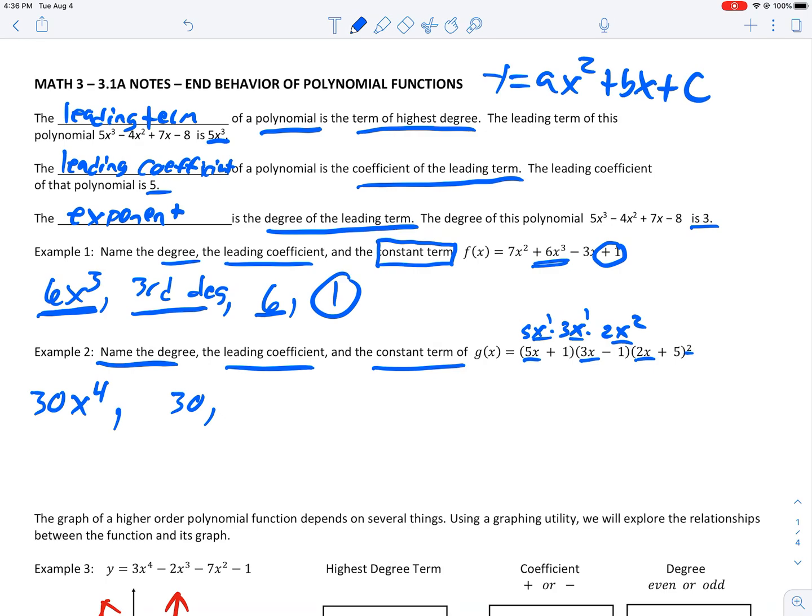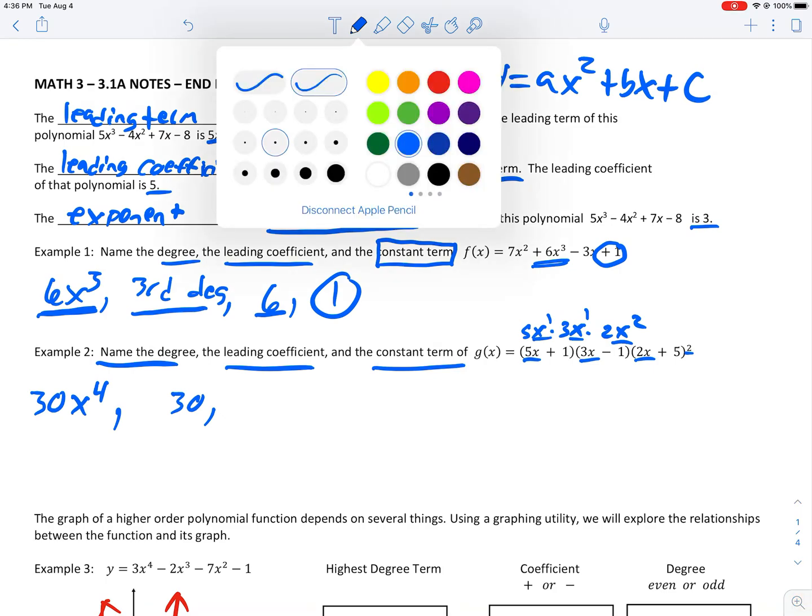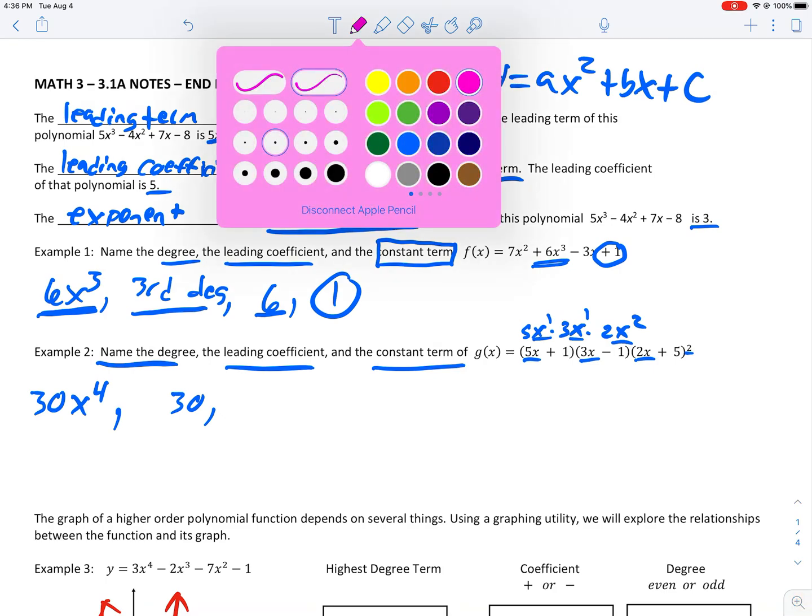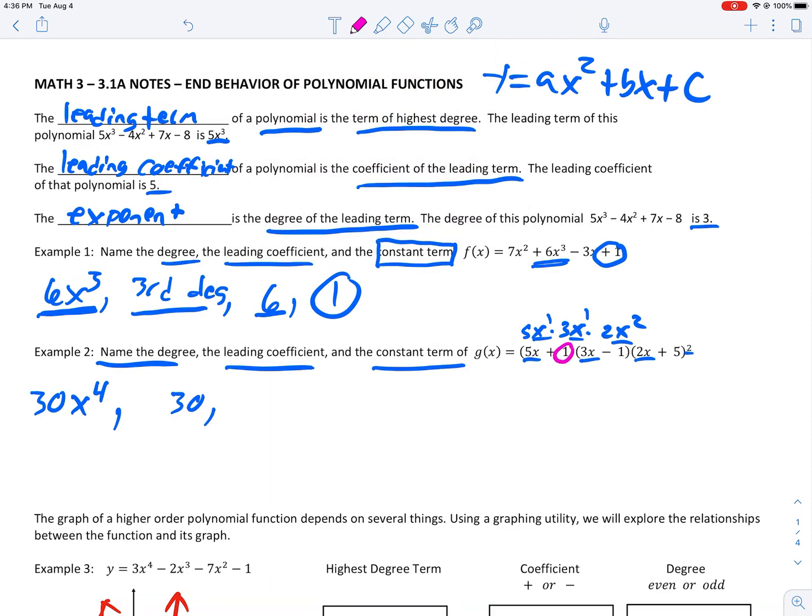Now, where does the constant term come from? Well, it's going to come from the 1, the negative 1, and the 5 squared. Those give me the constants, because if you multiplied everything out, eventually all the constants would be multiplied. So that would be the constant term, negative 25.